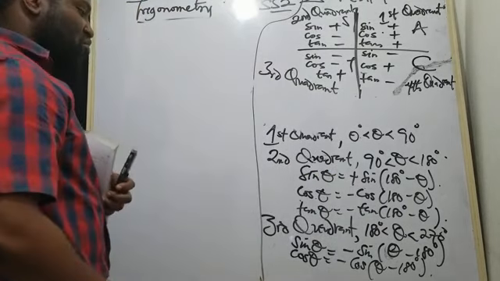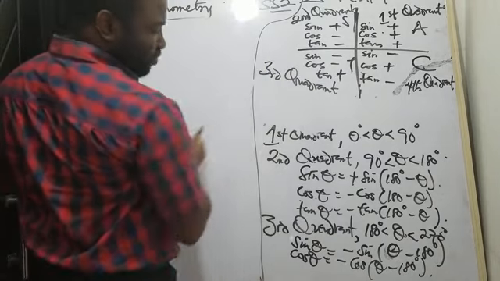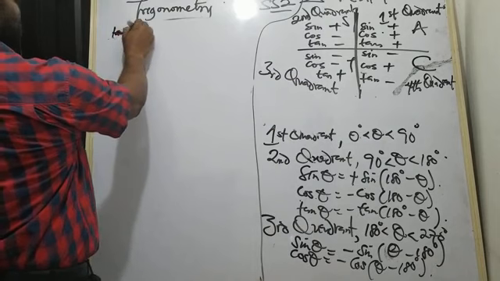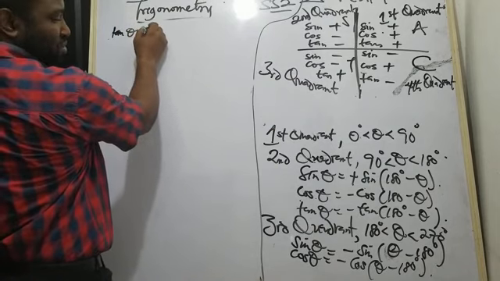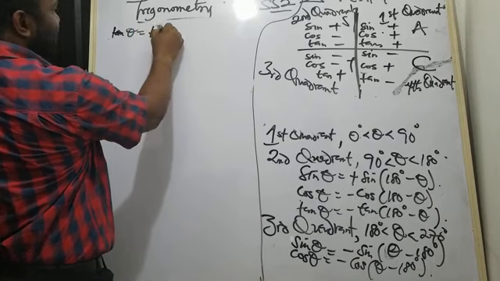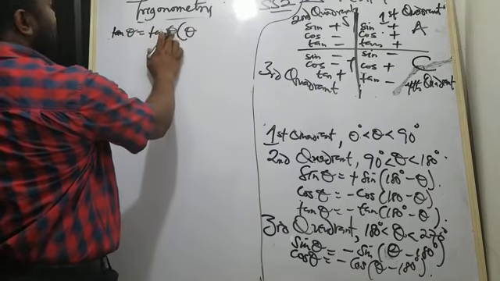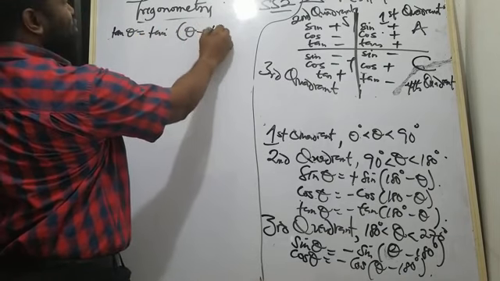And on the third quadrant, only tan is positive. So it means tan theta is equal to tan theta minus 180 degrees.